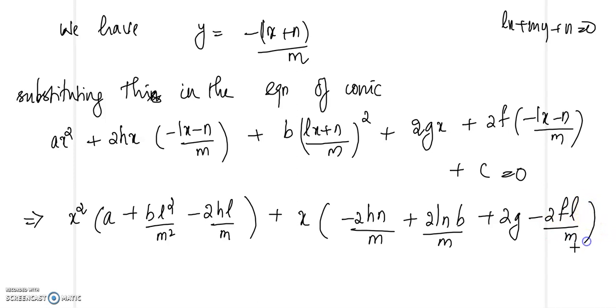Then the constant terms will be b n square by m square minus 2f n by m plus c equal to 0.